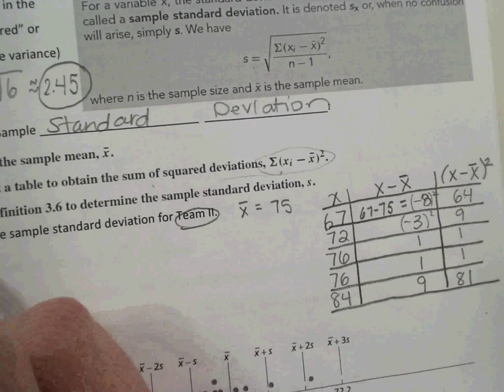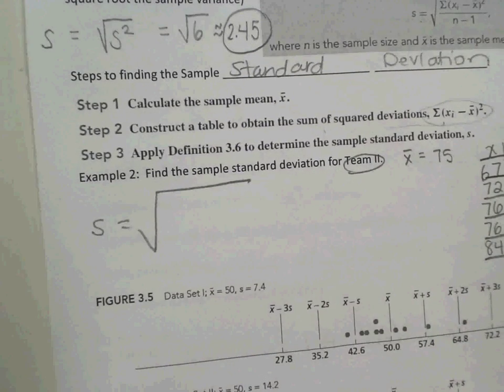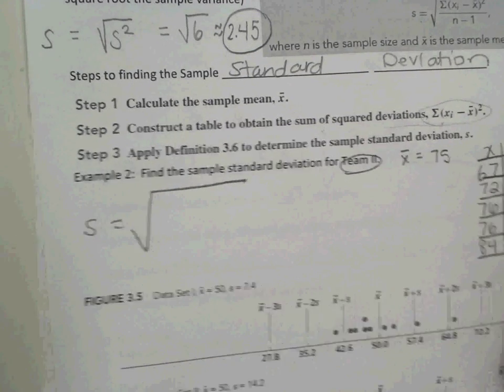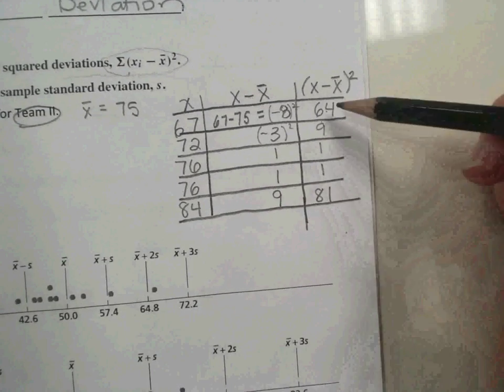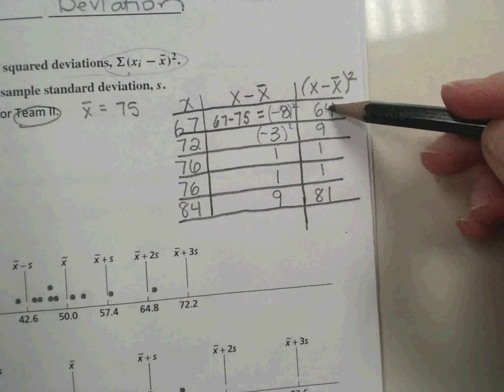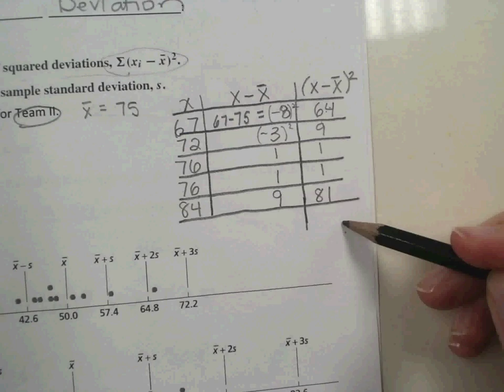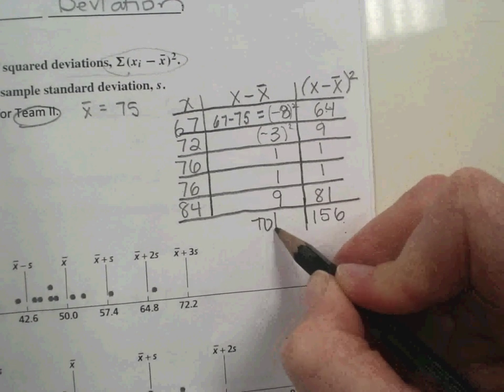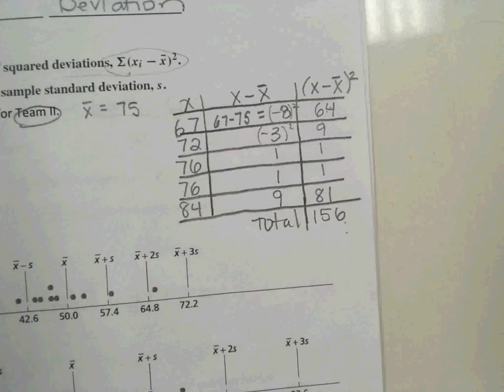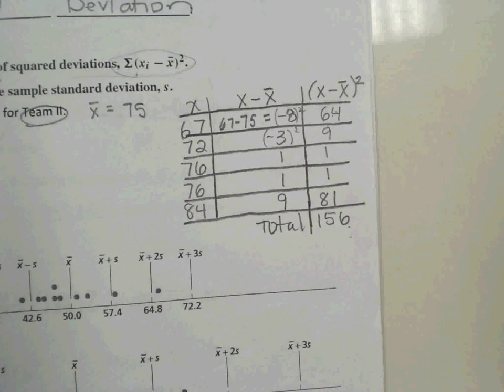So I'm going to do 64. I'm going to put the total down here. Save ourselves a little bit of work underneath this radical. What do I get when I add all these together? So my total of my differences squared is 156.